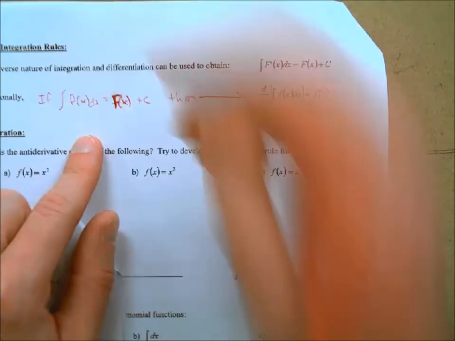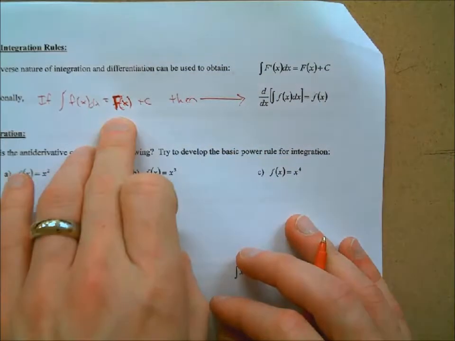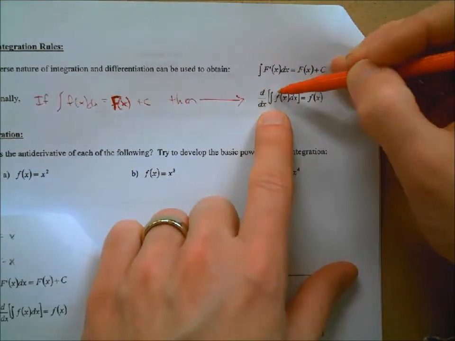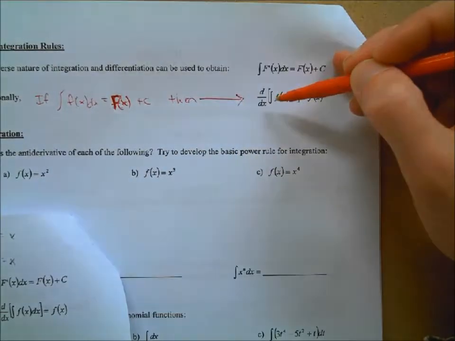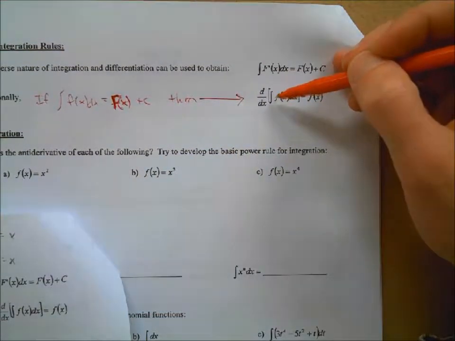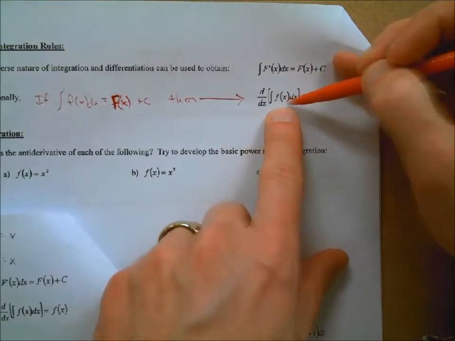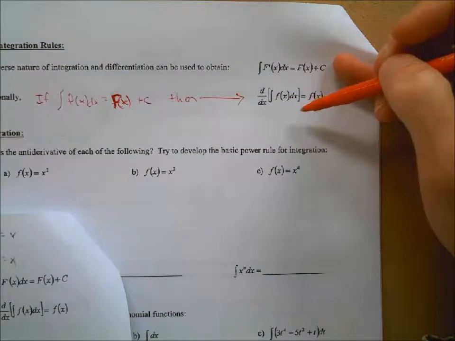If the integral of f of x with respect to x is equal to capital F of x plus c, that antiderivative, then we can take the derivative of an integral. If you take the derivative of an integral, those are inverse operations. They cancel each other out. So taking the derivative of an integral yields the exact same function as what you have inside.